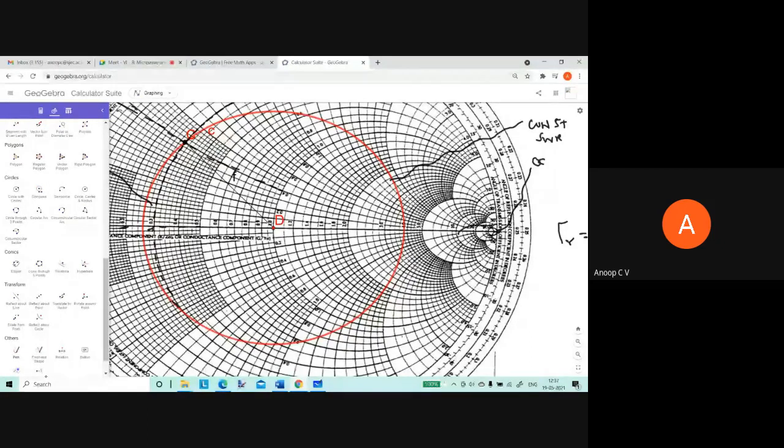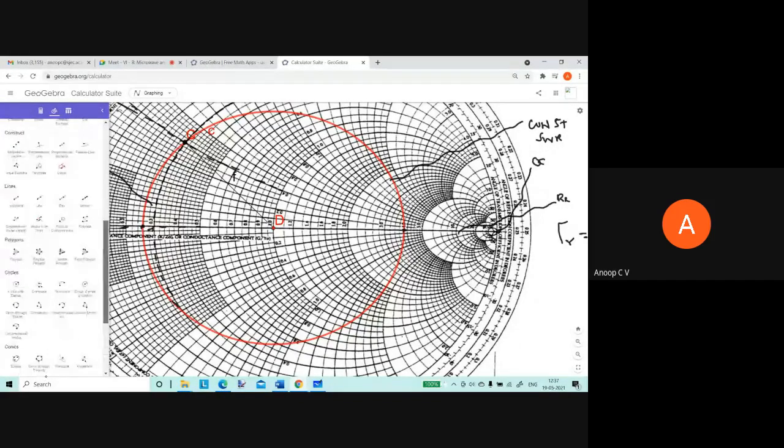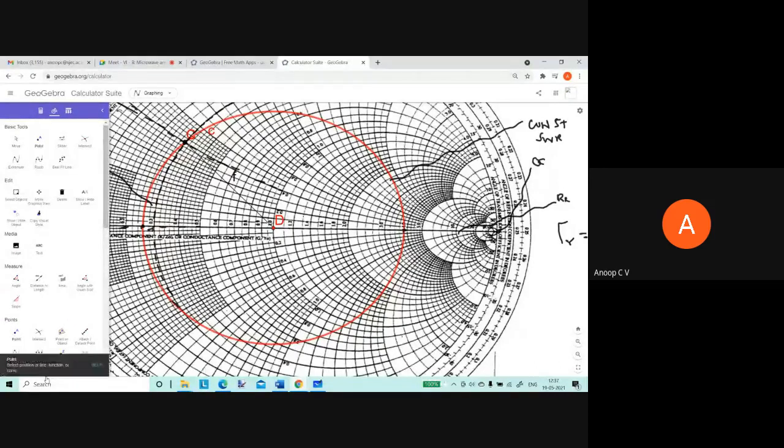And this constant SWR circle intersects the real axis. This is the real axis. It intersects the real axis at 2 points. One is this point and the other one is on the left hand side of the origin. So I'll mark those points. It intersects here, that is one point, E, and the other point is this.